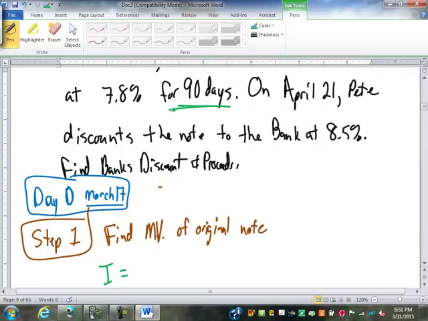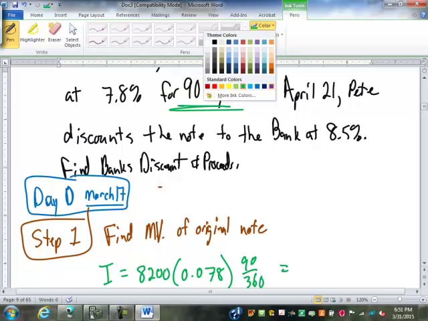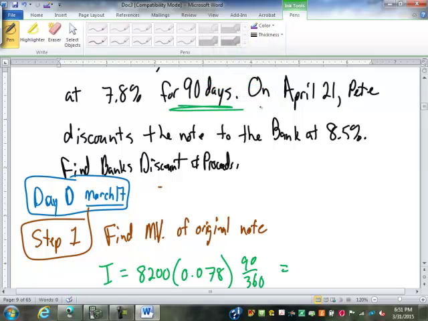The original note depends on the 90 days. 0.78, yep. Times. Perfect. So it's the original note's principal, $8,200, times the interest rate on the original note, 7.8% becomes 0.078, times 90 over 360. The original term, or the length of the note.